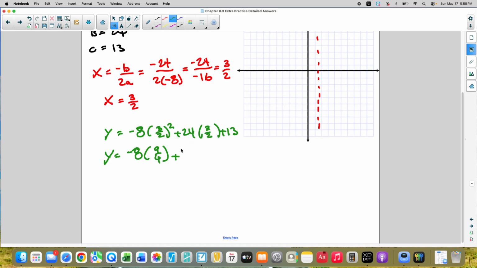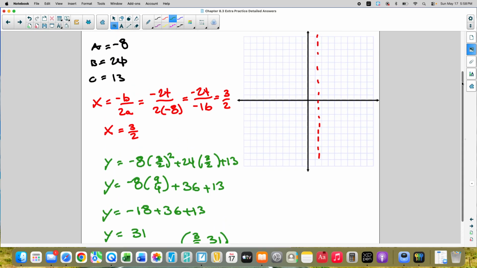That becomes, what's that, 3? Is that 3 halves? Yeah, 3 halves. So that's 12. 36 plus 13. Y equals negative 18 plus 36 plus 13. So that's 18 and 13, 31. So we have 3 halves, comma, 31.